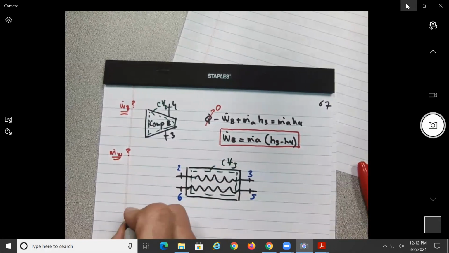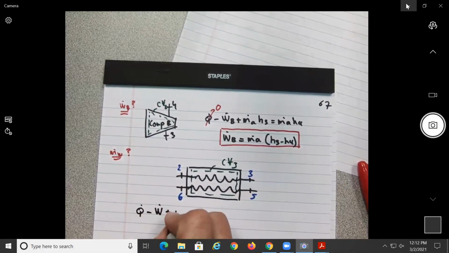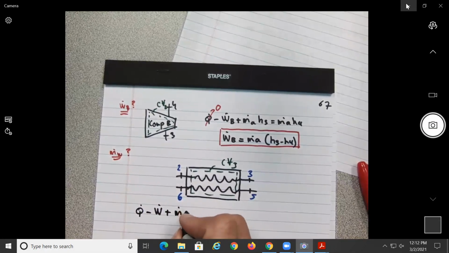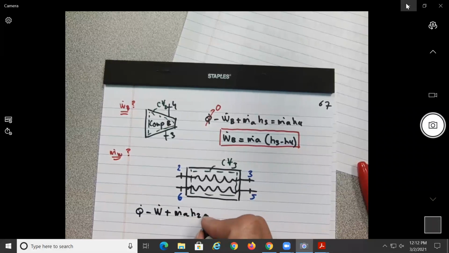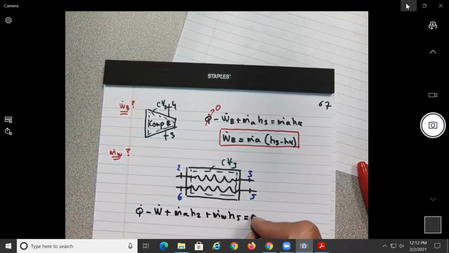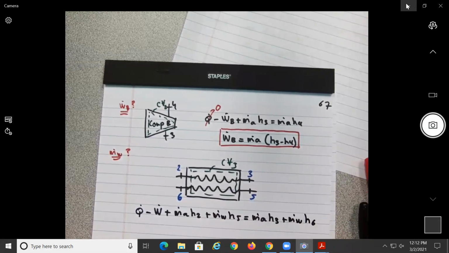For control volume 3, we have Q dot minus power plus mass flow of air, H2, plus mass flow of water, H5, equal to the mass flow of air leaving, H3, plus the mass flow of water, H6.